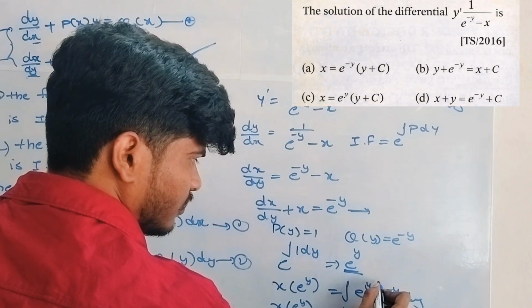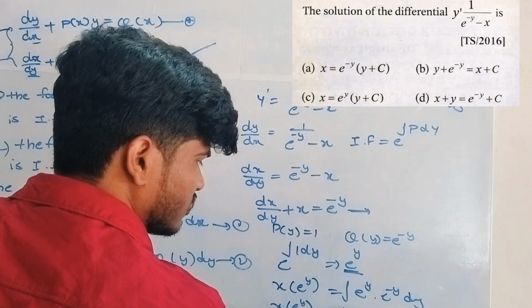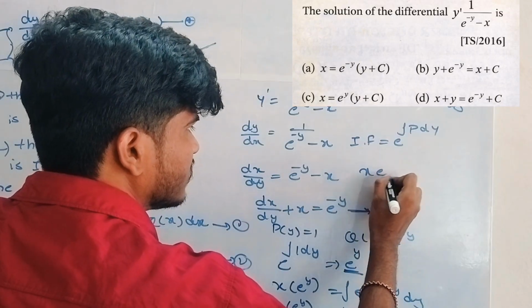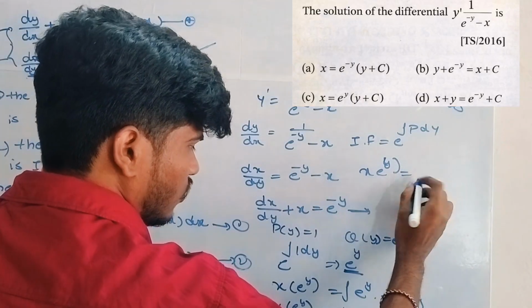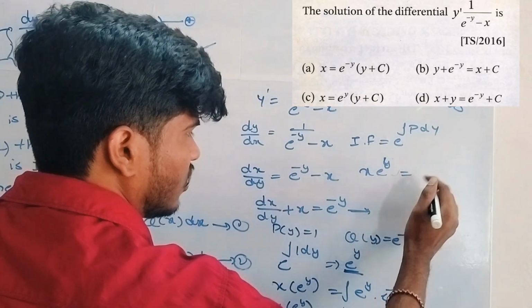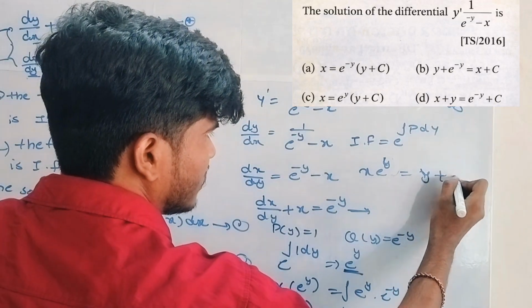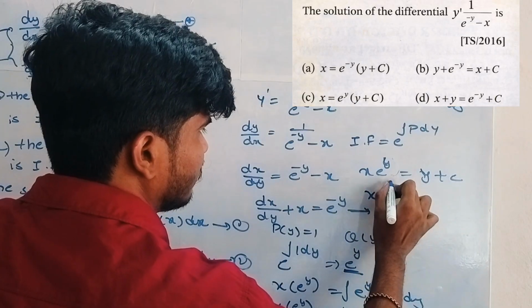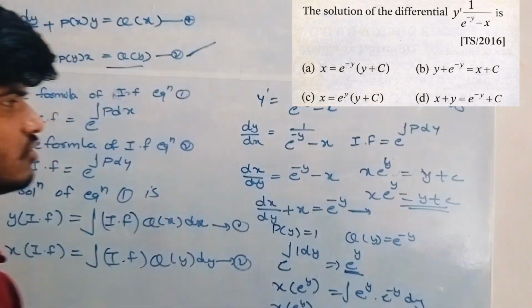What is the value of e power 0? It is 1. Integrating 1 with respect to y gives y plus c. So x e power y equals y plus c. This is our final solution.